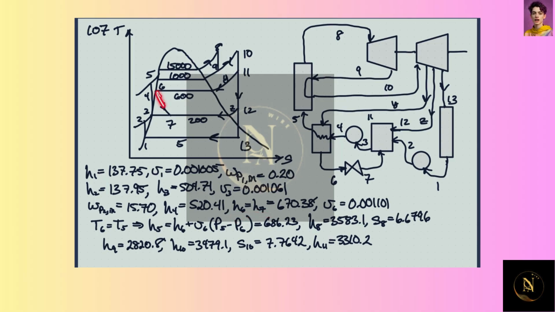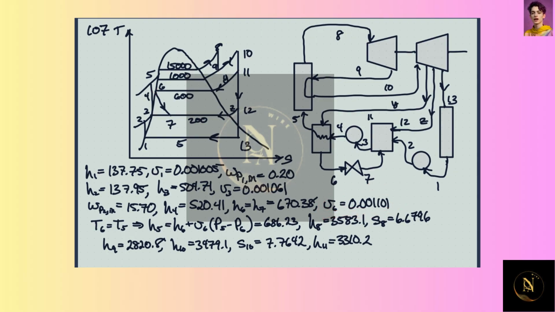So at 7, we expand to a lower pressure, so we wind up with a two-phase mixture. We get some boiling because of the pressure drop. And we can also get the specific volume at 6 because we know it is a saturated liquid and we know the pressure.